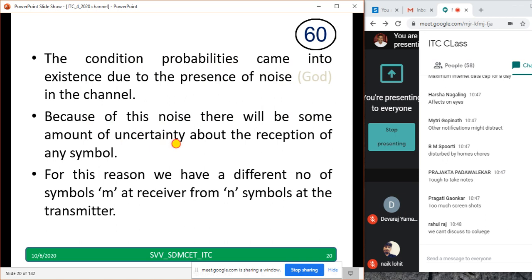If I send A, I may not receive A at the receiver, I may receive B. If I am sending C at the transmitter, at the receiver I may receive B. This is because of the presence of noise, because noise is everywhere. For this reason, we have a different number of symbols, M at the receiver, N at the transmitter. Take a few seconds, read it, understand it, and if you want, you can take a few words from this particular slide.